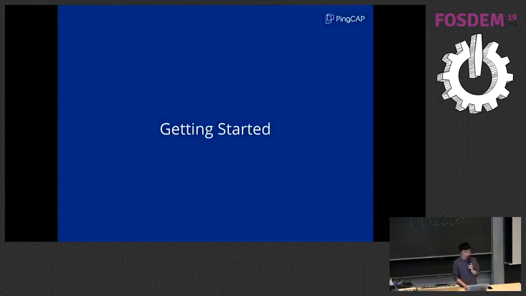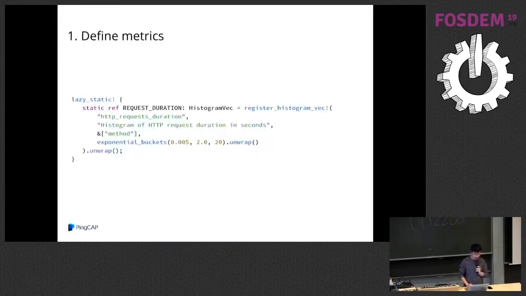So let's first get started and take a look at a small example of how to use this library. First of all, you need to define your metrics. There are many kinds of metrics, like counter, histogram, gauge, and so on. Here, as the code demonstrates, we create a histogram metric named HTTP request duration using the macro called register_histogram_vec.